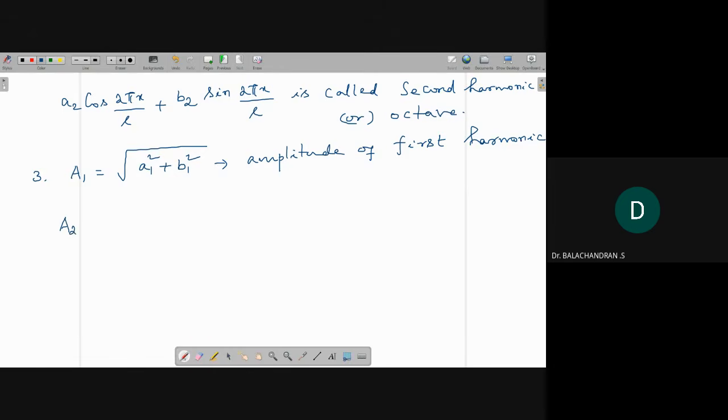A2 equal to root of A2 square plus B2 square. This is the amplitude of the second harmonic.